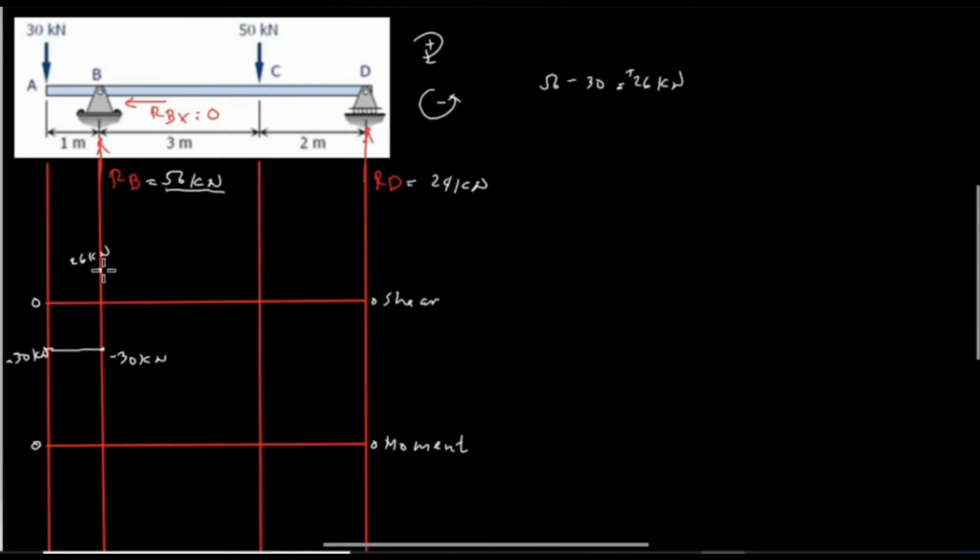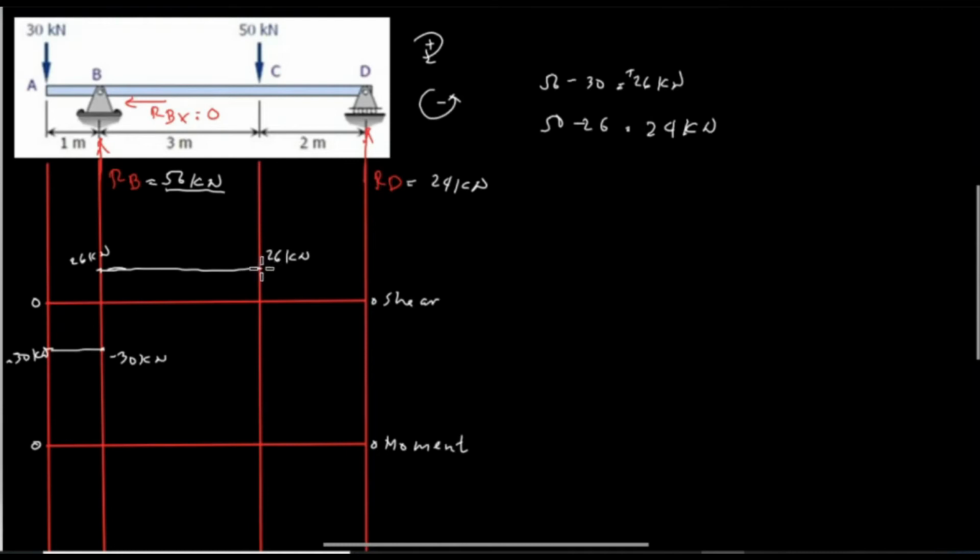Therefore, the shear force is the same from point B going to point C, and we have a horizontal line, which means this is also 26 kilonewton at point C. And then at point C we have a concentrated load of 50 kilonewton going downward, so 50 minus 26 is equal to 24 kilonewton.